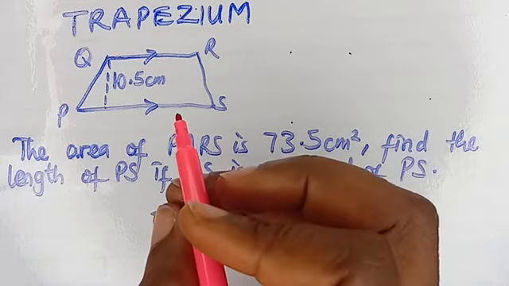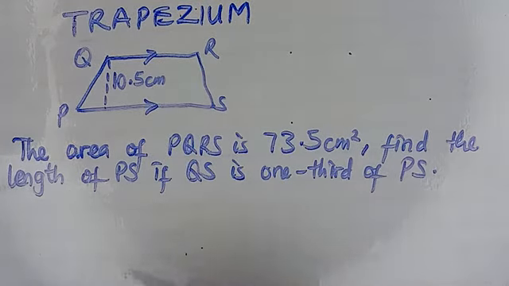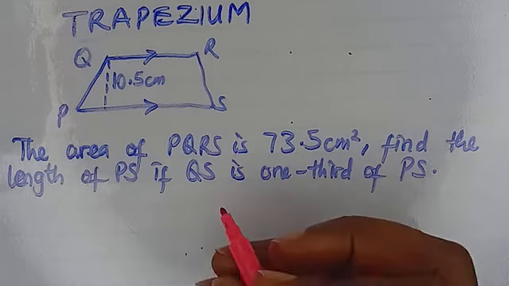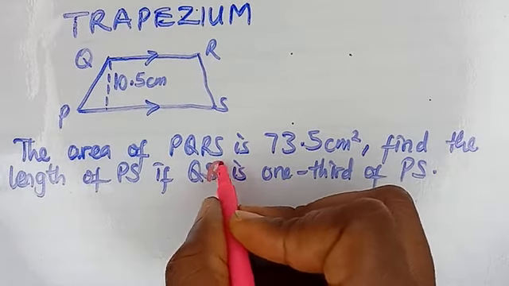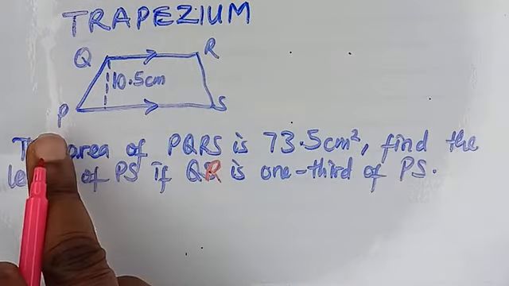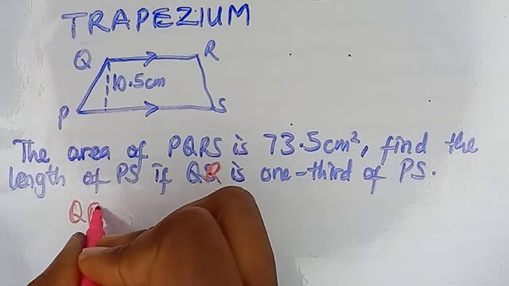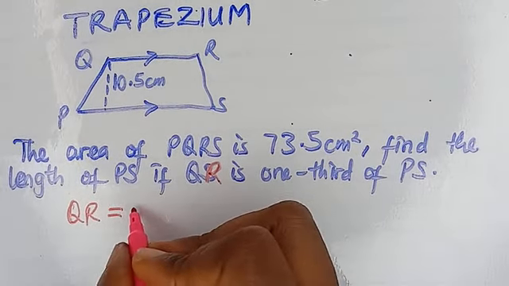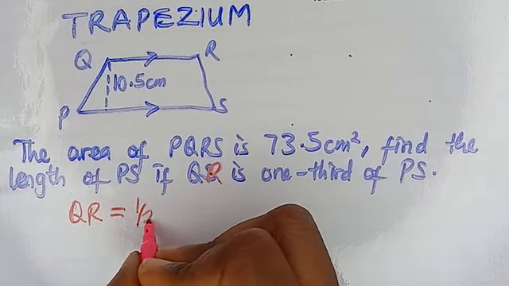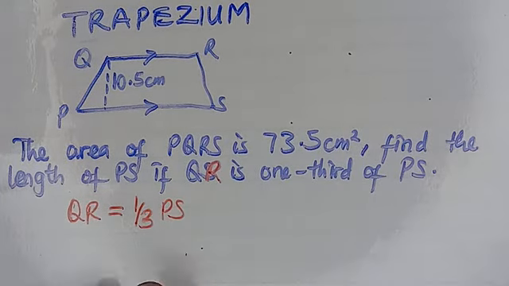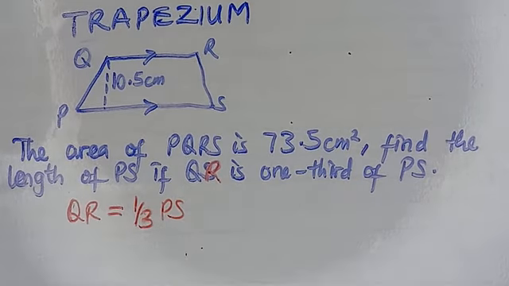Let's call, no, QR, not QS, please, that's QR, as this length is one third of this. So we have that QR is equal to one third of PS. This is the exact statement that QR is one third of PS, right?